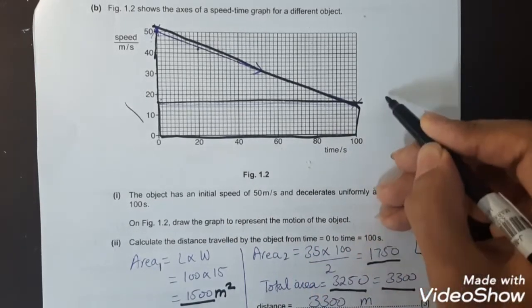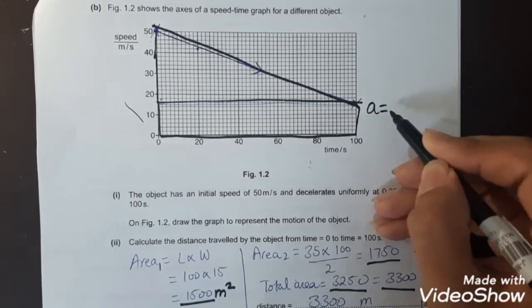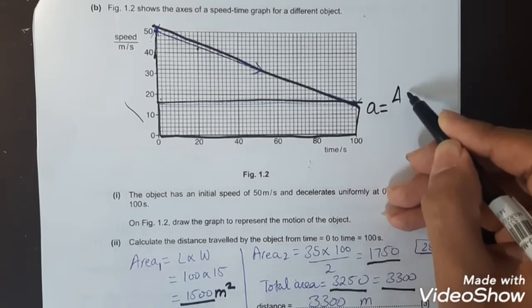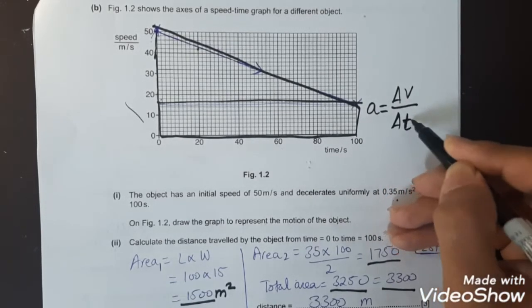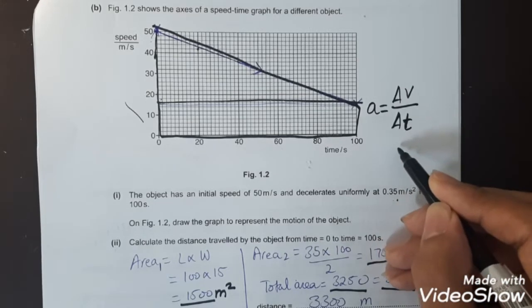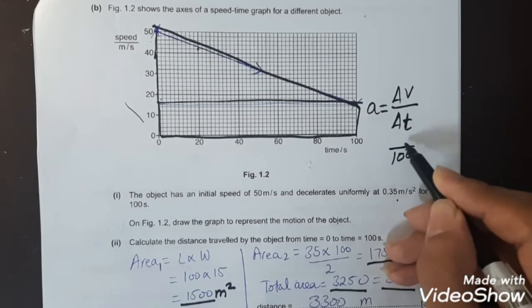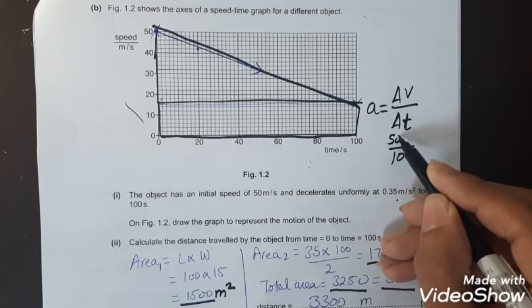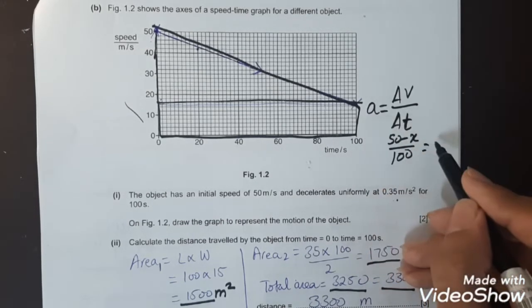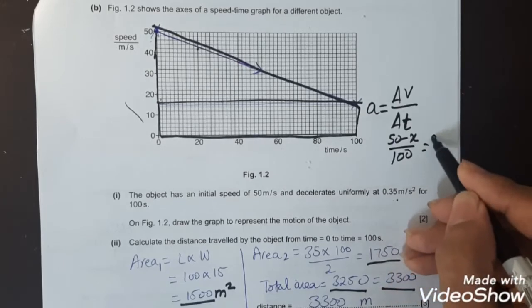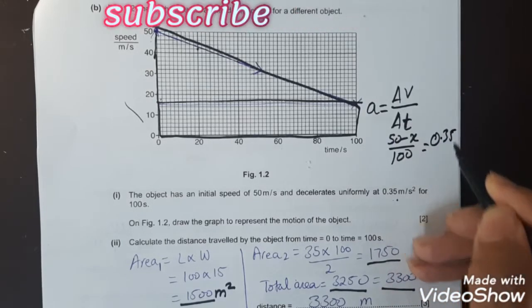We will use the formula of acceleration, which is a equal to change in velocity divided by change in time. So the change in velocity is 50 minus x, equal to the deceleration of 0.35 times 100.